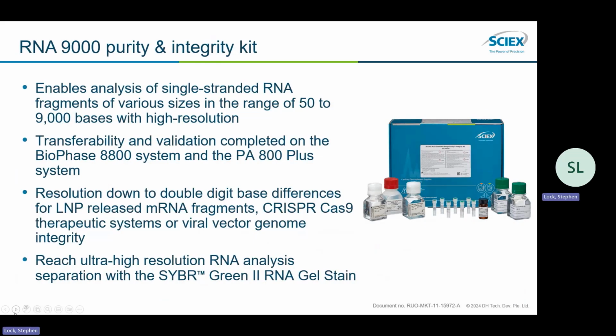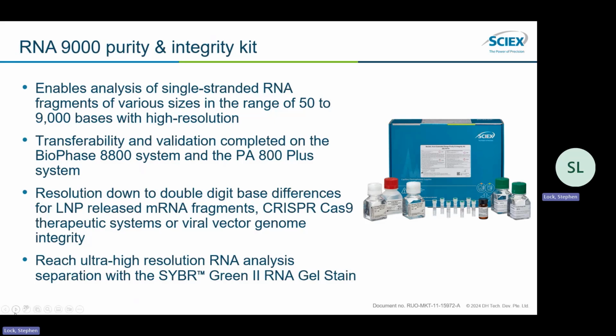This RNA 9000 kit is now being used quite often by biopharmaceutical companies to profile messenger RNA and even single-stranded DNA found in viral vectors. The new gel used in the RNA 9000 kit has been designed for a range of 50 to 9,000 bases.